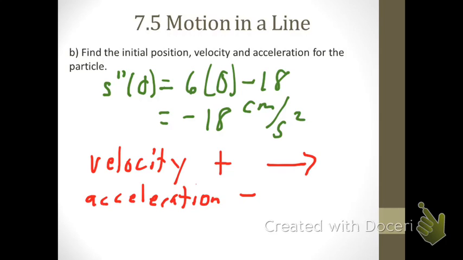And basically here's how it works. If for a given time, in this case 0, the velocity and the acceleration have opposite signs, that's going to indicate that the particle is slowing down at that moment in time. And if they had had the same sign, if they had both been positive or both been negative, that would mean that the particle is speeding up at that moment in time. Alright, that'll come back later on.